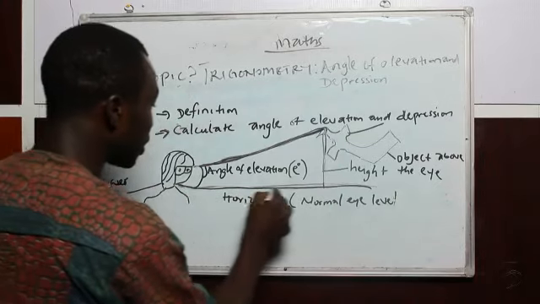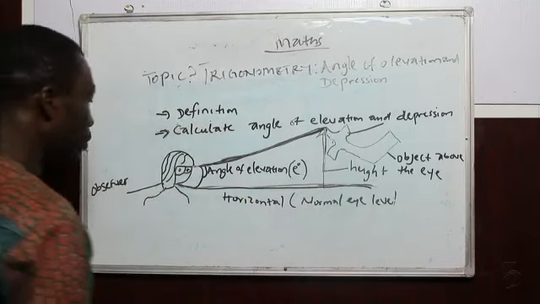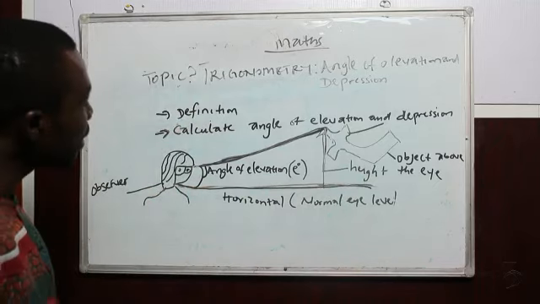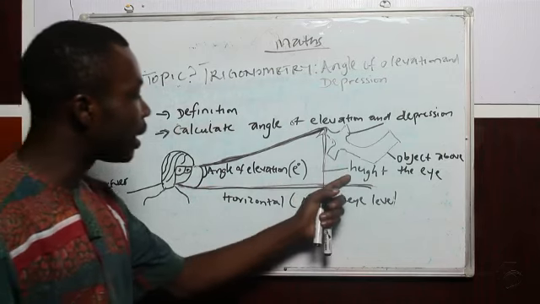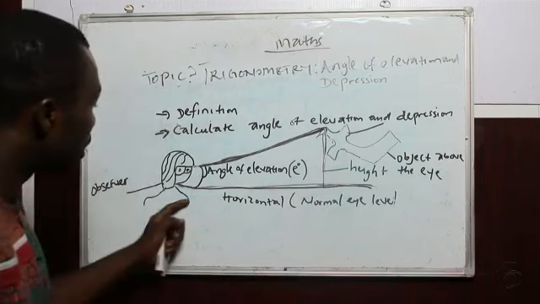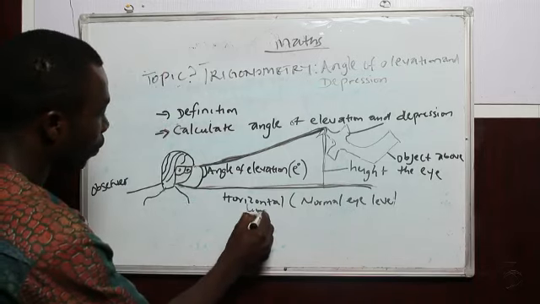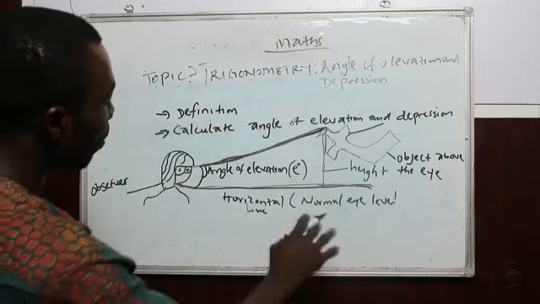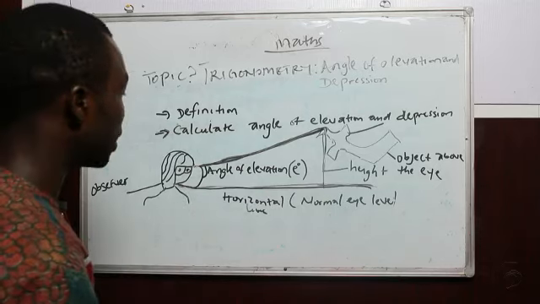This is the horizontal line, called the normal height level. So for angle of elevation, we consider the height here. This is the height, this is the horizontal line, the normal height level, and this is where the angle of elevation lies.